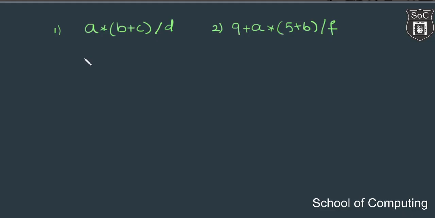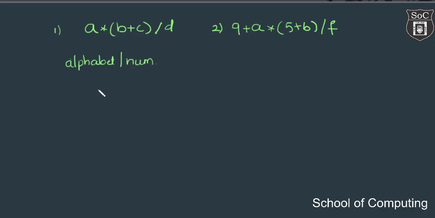So how do I build my logic? I may find operands and operators in an expression. First of all, I should know how to detect whether a given symbol is an operand or not. An operand can be an alphabet, or an operand can be a number.